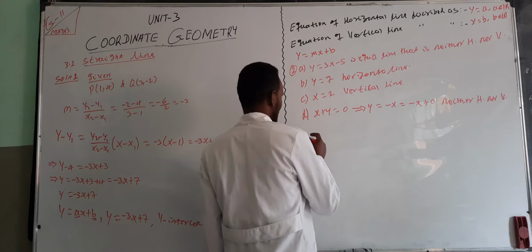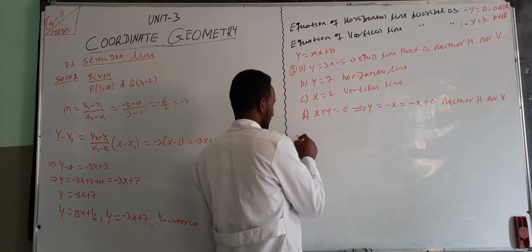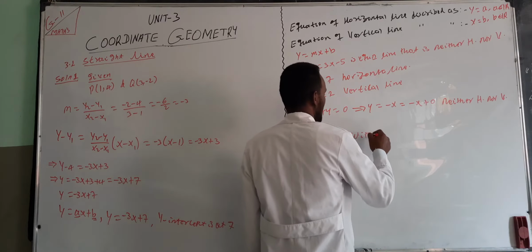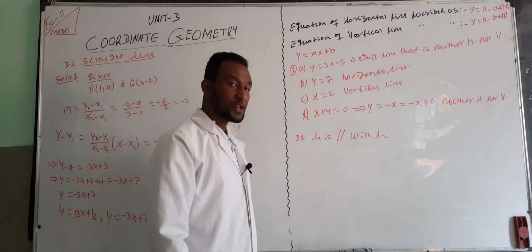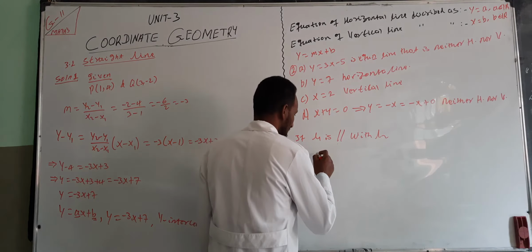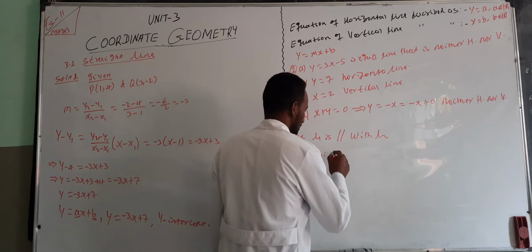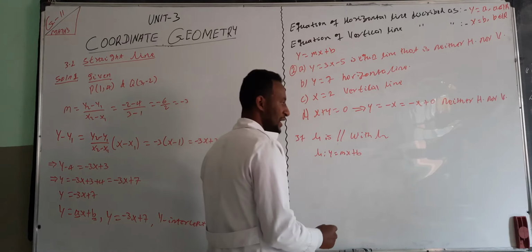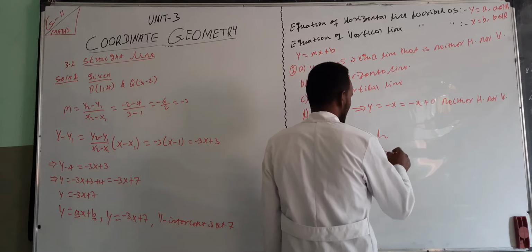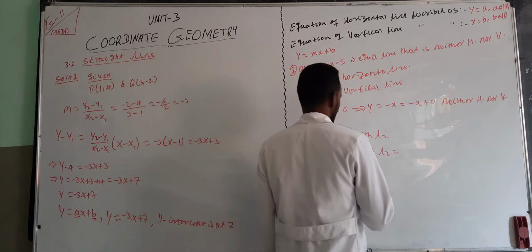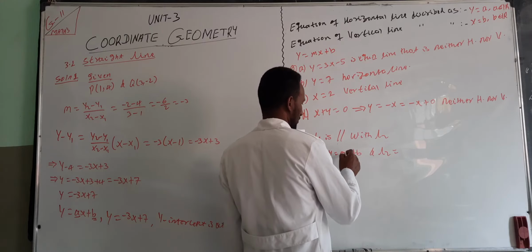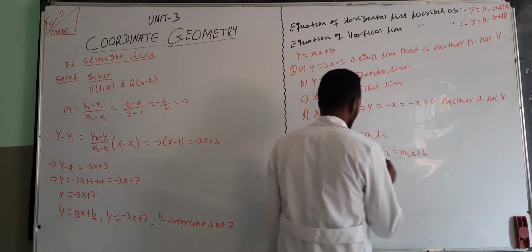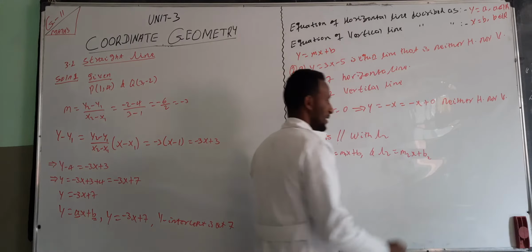Let us take two lines. If L1 is parallel with L2, take L1 as y is equal to m1x plus b1 and L2 as y is equal to m2x plus b2.